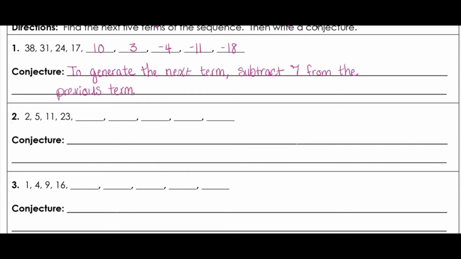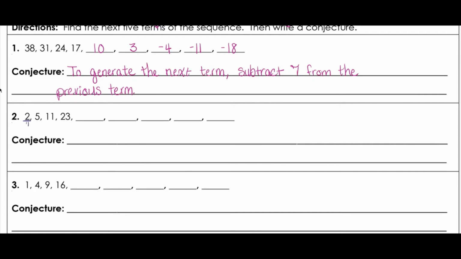So now look at number 2 and see if you can figure out the pattern that's taking place before I get to it. All right, pause it if you need to, but now we're going to look at what this pattern is and see if you got it. Okay, so this is the pattern that I saw.